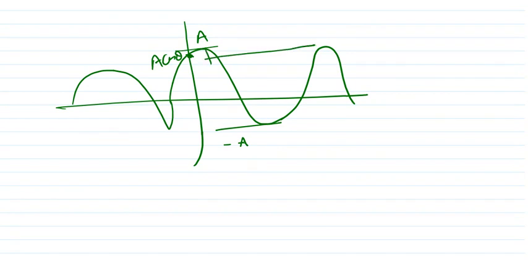The time period is T naught, and T naught is 2 pi divided by omega naught. This is our time period, so this is the representation of the sinusoidal signal. So we have discussed almost all the basic continuous time signals.